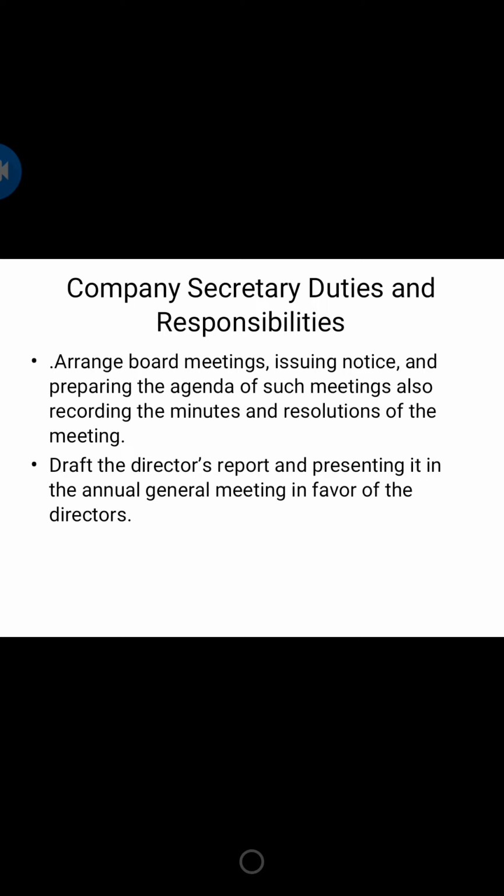Next, arrange board meetings, issue notice, and prepare the agenda of such meetings, also recording the minutes and resolutions of the meeting. As you all know, he makes arrangements for the meeting. He is going to issue the notice, prepare the agenda, check the quorum, record the minutes, and file whatever resolution is passed.